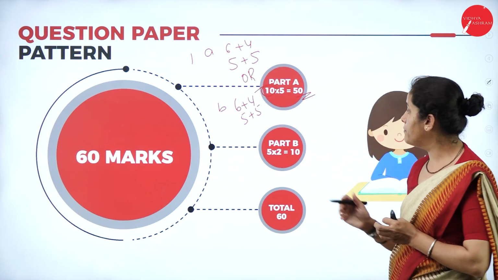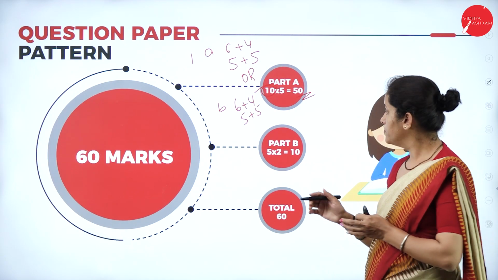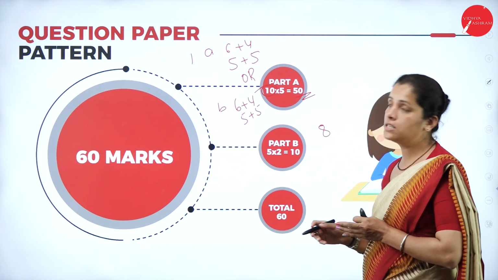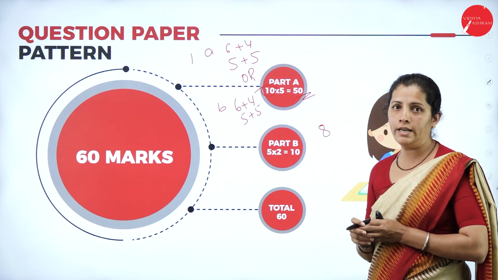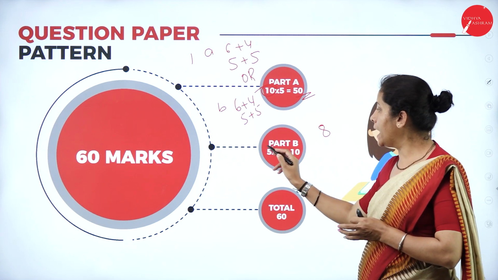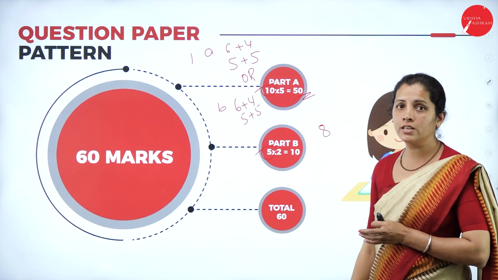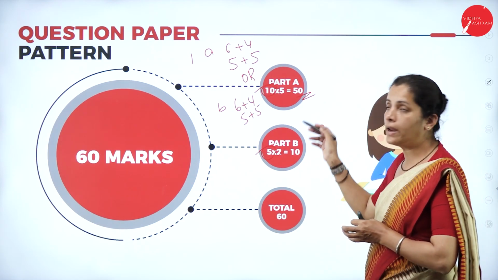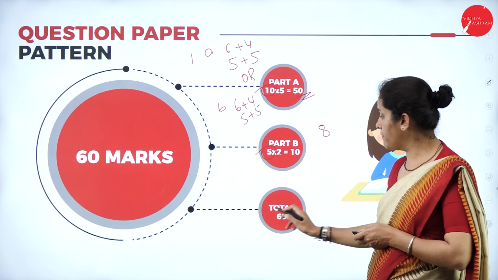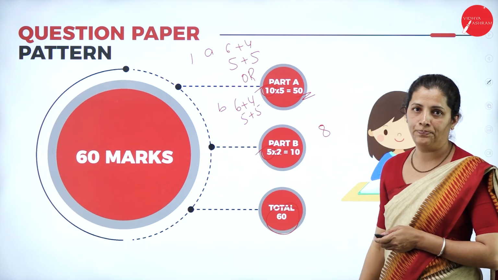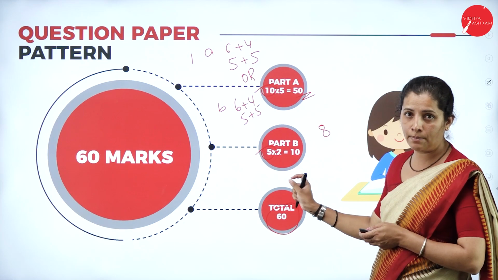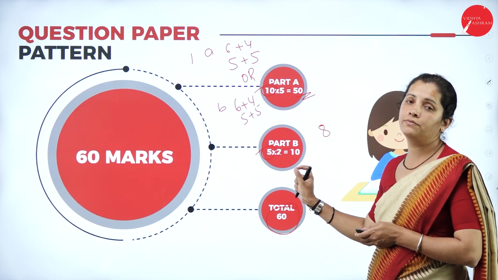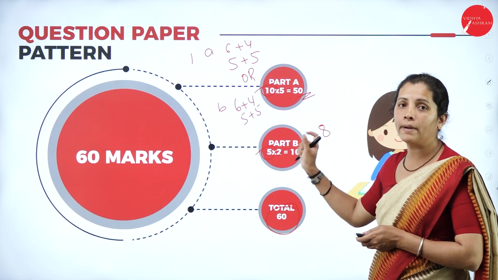In Part B, I will give a total of 8 questions from all 5 units, and you have to answer any 5. Each question carries 2 marks, so 5 into 2 is 10. When I add 50 plus 10, the final marks is 60. So dear student, we have 60 marks for theory, and 25 marks for your lab, that is your practicals.